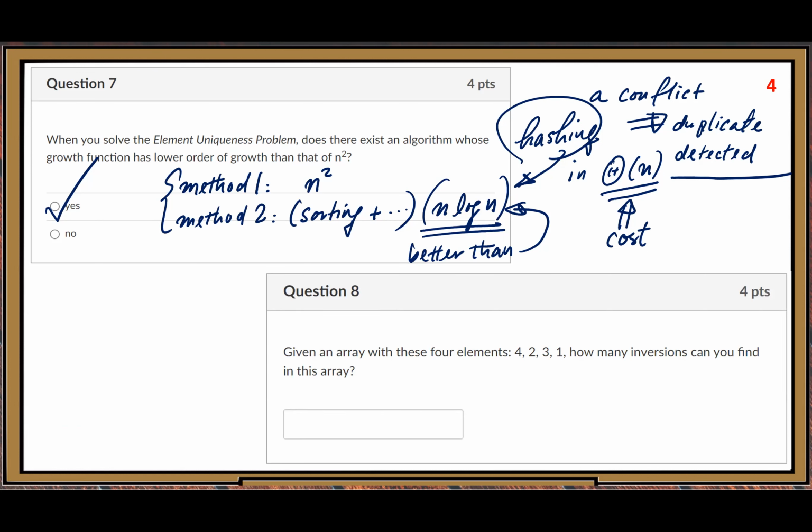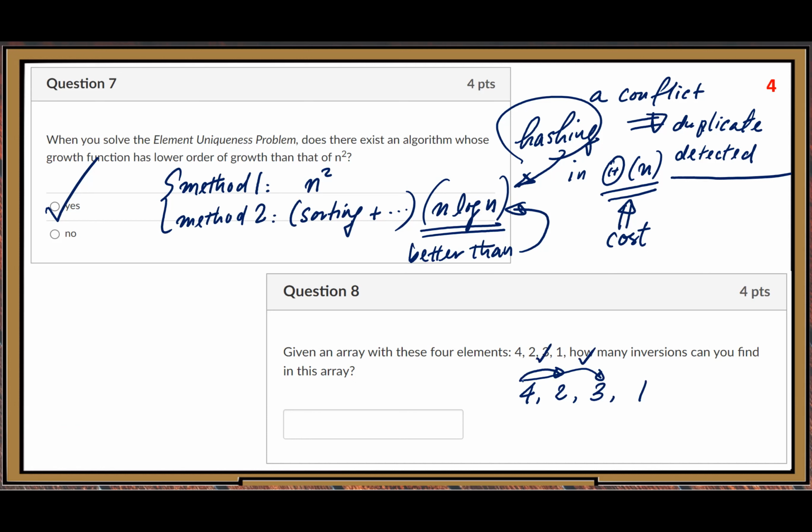This one, how many inversions can you find? I give you a very small array. In my hint, I show you how to do the counting. Is it an inversion? Yes. Inversion?